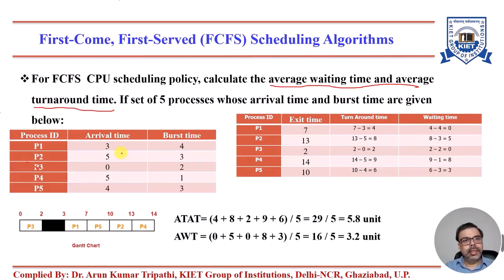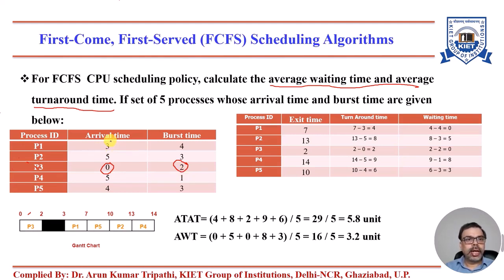Firstly, we should make a Gantt chart. At time 0, there is only one process, P3, in the ready queue. So it will be immediately allocated to the processor and execute for 2 milliseconds. After execution of P3, the processor will search for another process in the ready queue, but there is none.